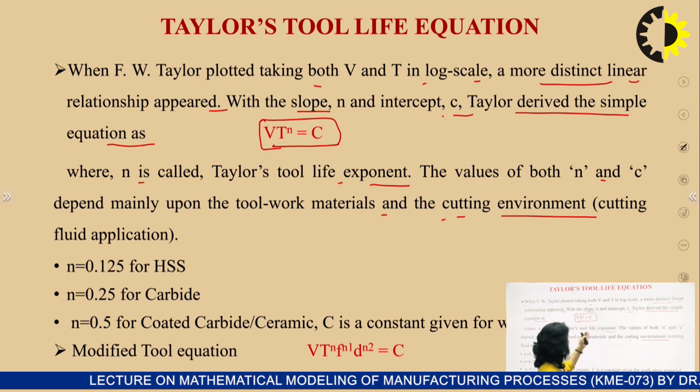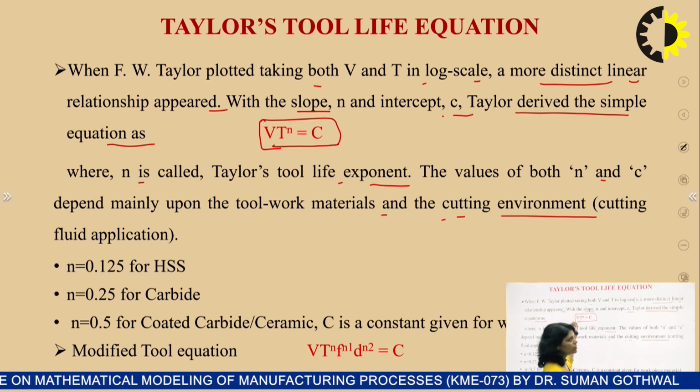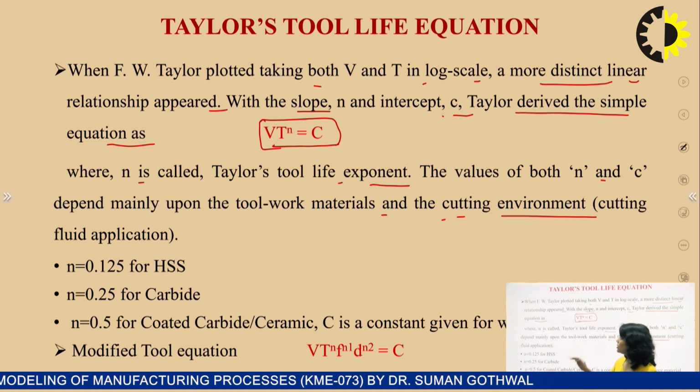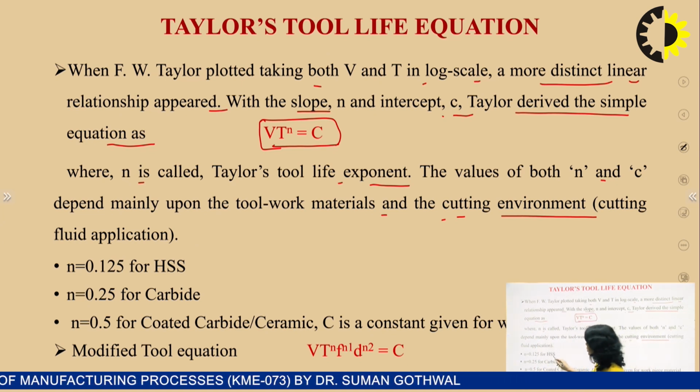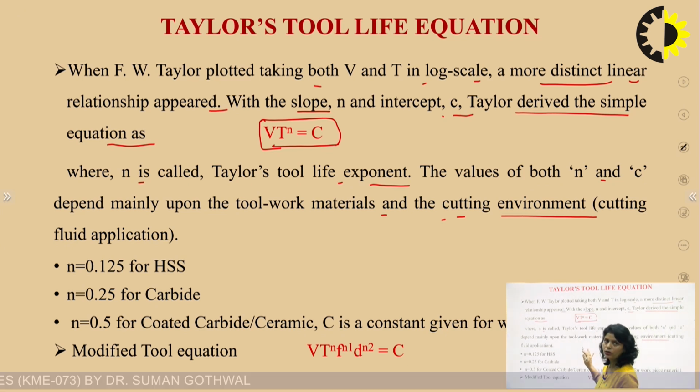Okay, C is your constant, n is your Taylor's tool life exponent. Okay, V is the cutting velocity and T is the tool life. Okay, these are the factors which are involved here. So the value of n or C will depend on cutting environment and tool work material.